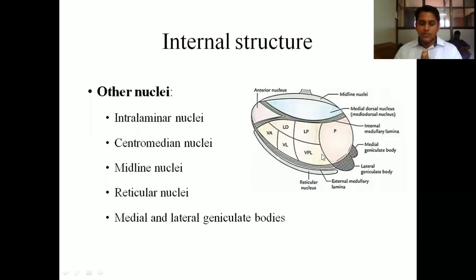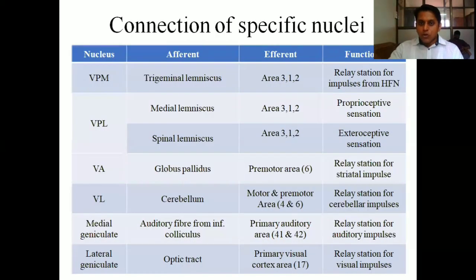Now our duty is to give the afferent and efferent connections of the thalamus and to know the functions of this tract. So let us begin with the connection part. Functionally, the nuclei which I have divided anatomically right now are grouped as specific nuclei, association nuclei and the non-specific nuclei.